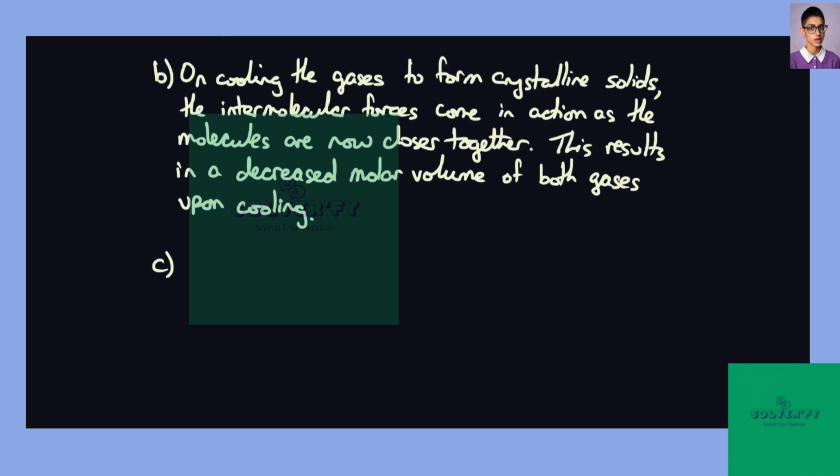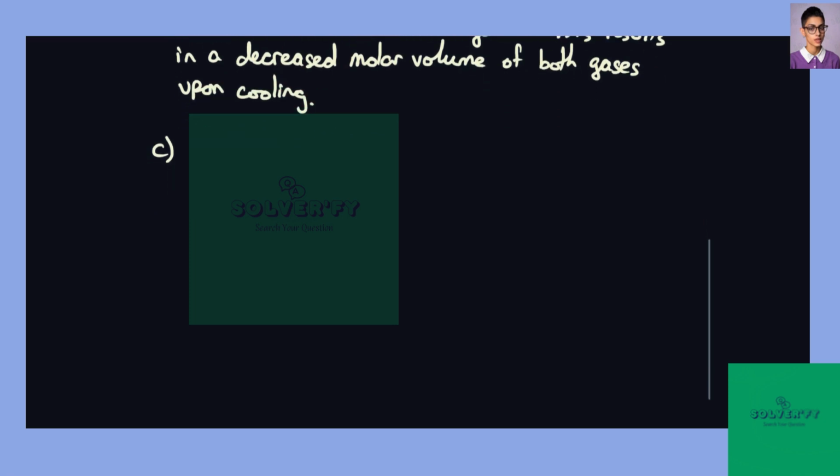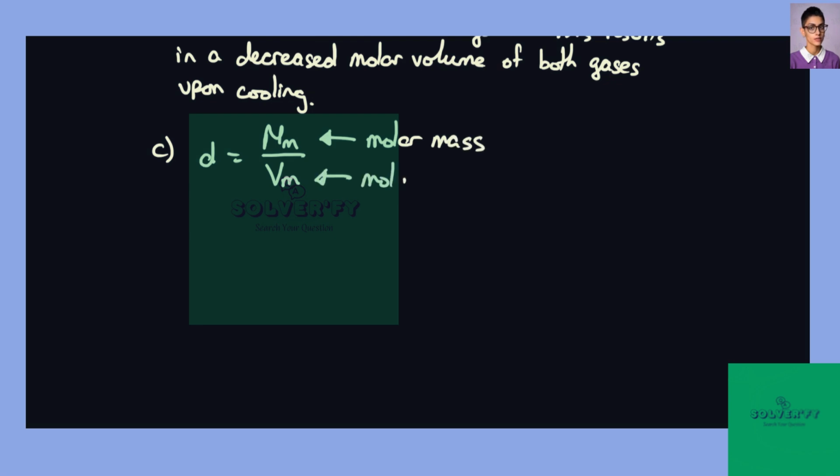For part C, we're given the densities of both gases at 160 Kelvin. Let's calculate their molar volumes. So the density would be equal to the molar mass divided by the molar volume.